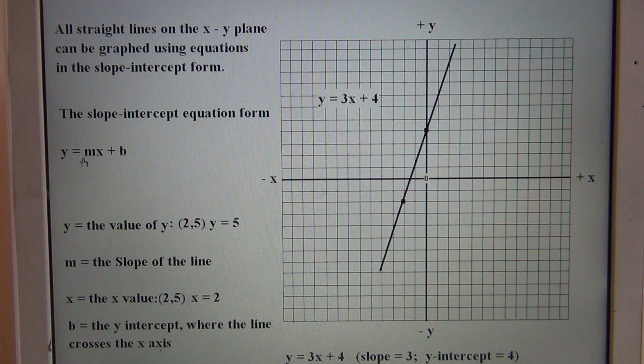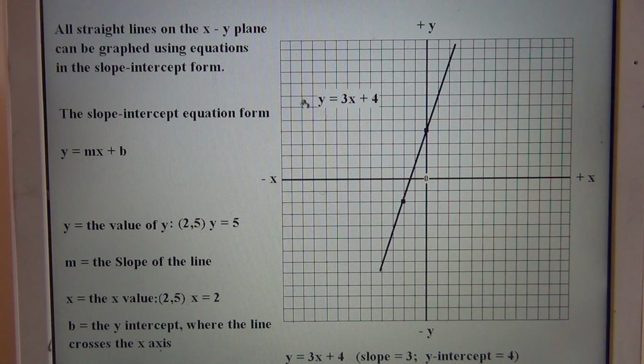M is the slope. The slope times x plus b. B is the y-intercept, or where the line crosses the y-axis. Let's take a look at this line. This is a positive line, and it crosses the y-axis at 1, 2, 3, 4.